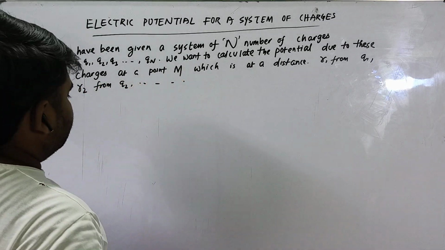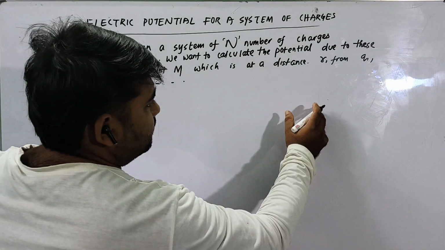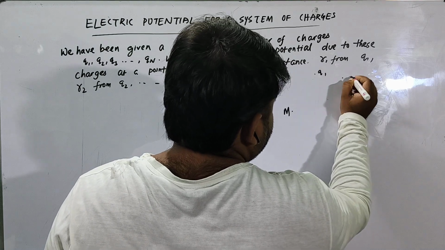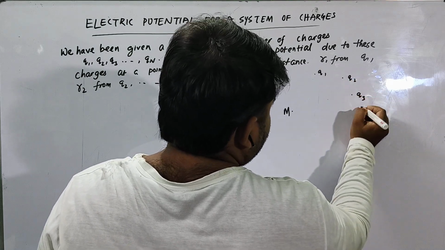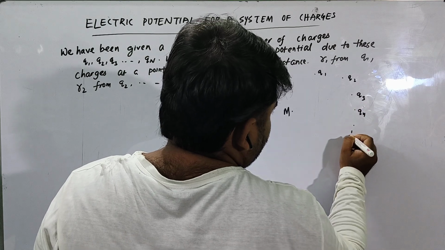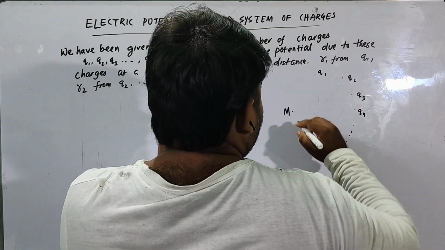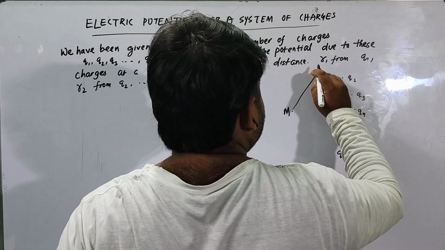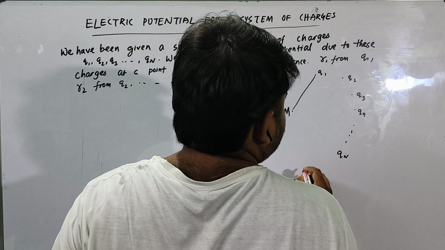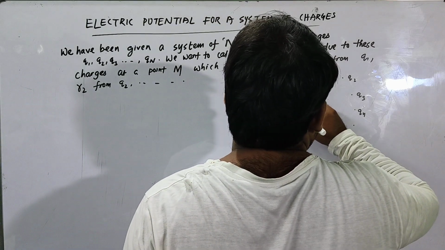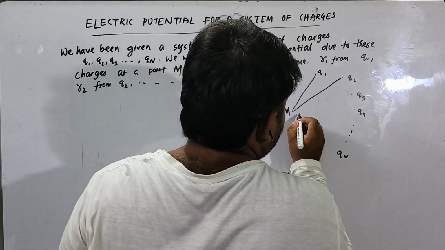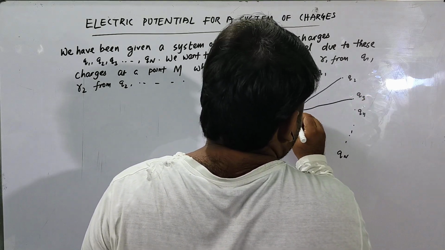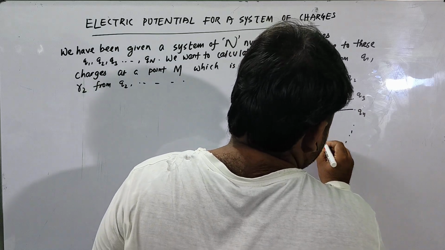Now you can draw the figure here. M is your point, and this is Q1, this is Q2, this is Q3, this is Q4, and so on up to Qn, and these are those distances. You can draw the distances.